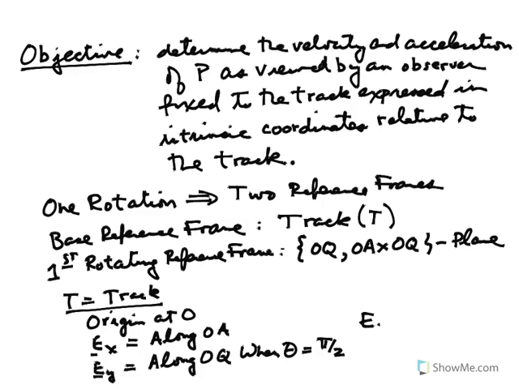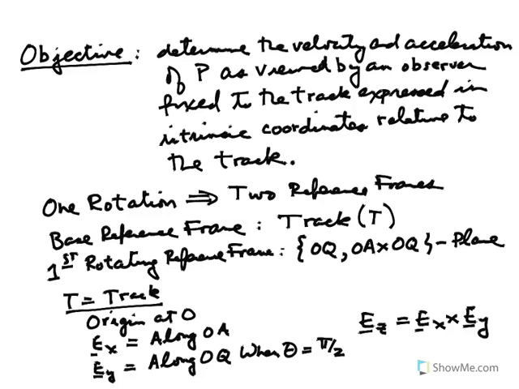And then EZ is going to equal EX crossed with EY. Now, A is fixed to the helix. It's the start of the helix. So along OQ when theta equals pi over 2 is the location where Q is when I've rotated by 90 degrees from OA. And that's how I got this coordinate system.